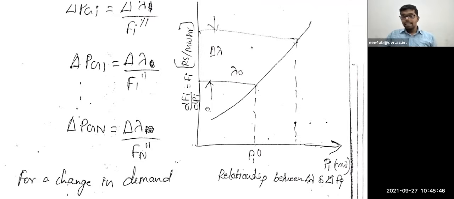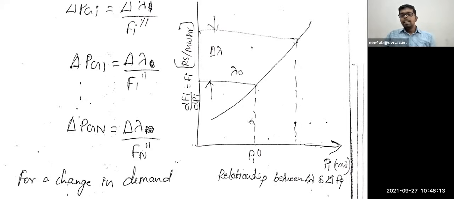With the increase in the fuel cost, automatically the power generation also will be increased. We have already seen this in the incremental fuel cost characteristics. Here, the initial lambda is lambda naught. Due to a sudden change in demand, we need to increase the power generation.